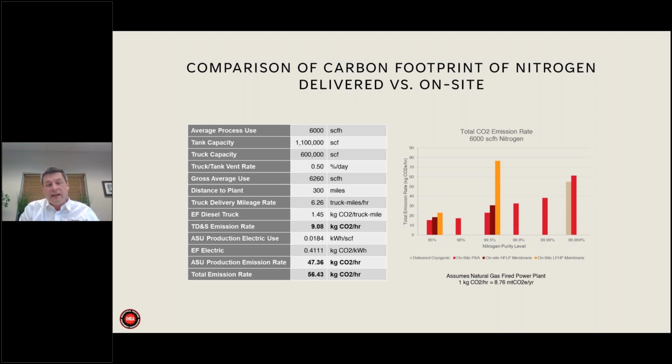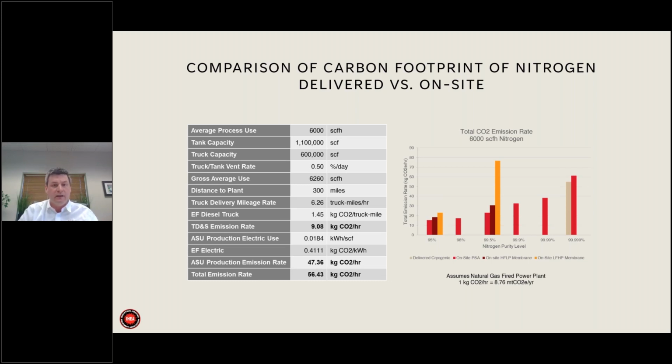And we'll find out that just by holding nitrogen on site, having it delivered, and having it vent with regularity, the carbon footprint of that nitrogen tank is 9.08 kilograms of CO2 per hour if I'm using 6,000 standard cubic feet per hour. And then that has to be produced somehow. The air separation units have to use electric power to do that. Some use coal, but a lot of them use natural gas.